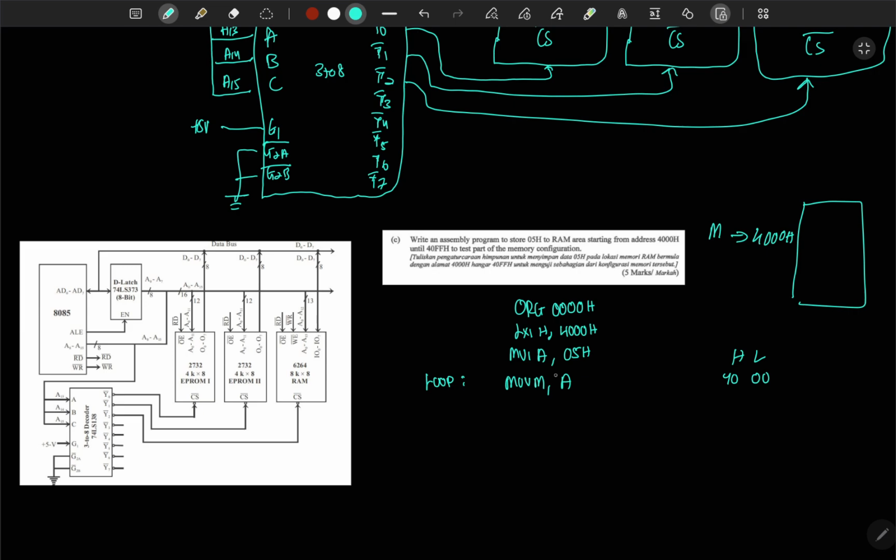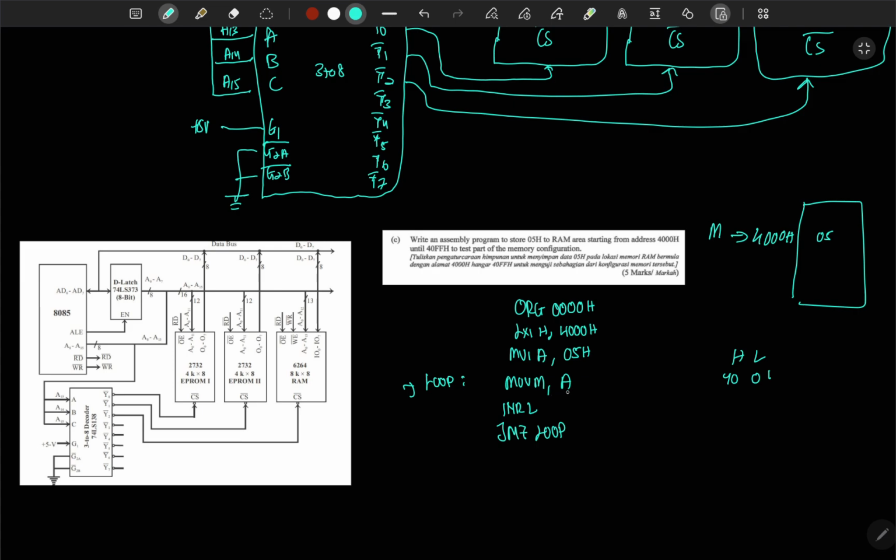So we are making 05 into 4000. Now increase L, meaning that this is going to be 1. Now jump not zero, meaning is our L equivalent to 00? No. So jump not 0, it will loop back.